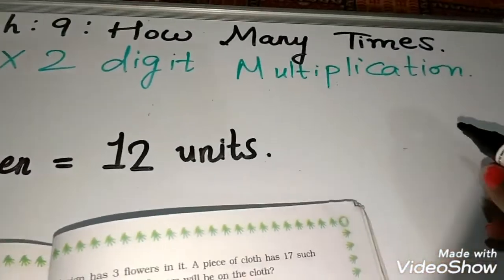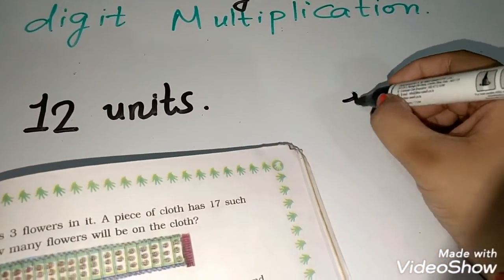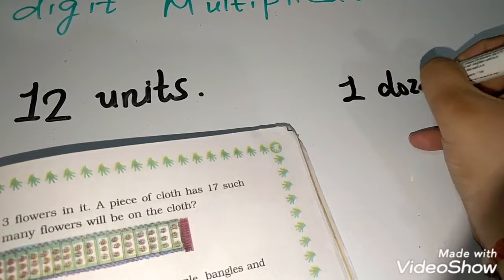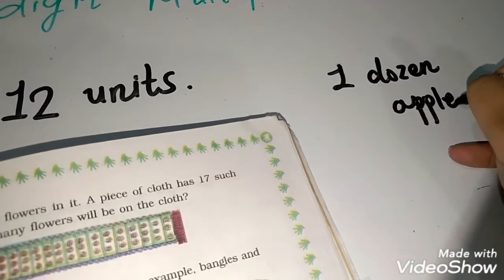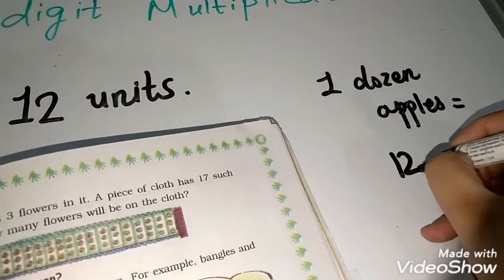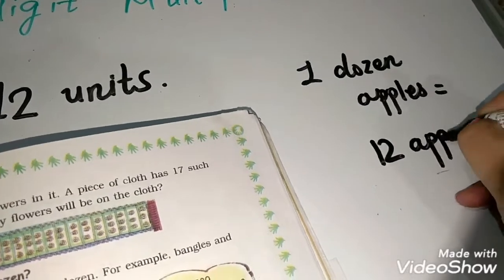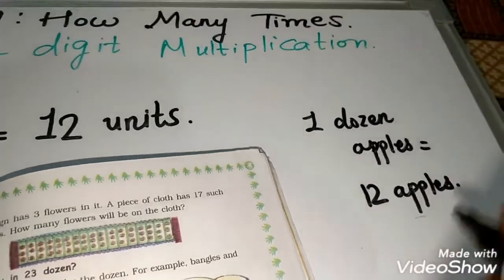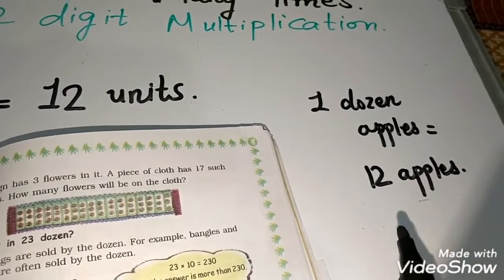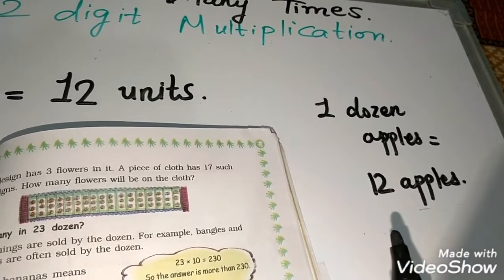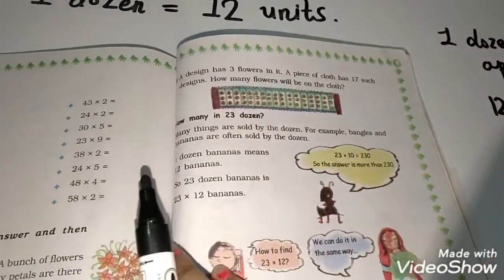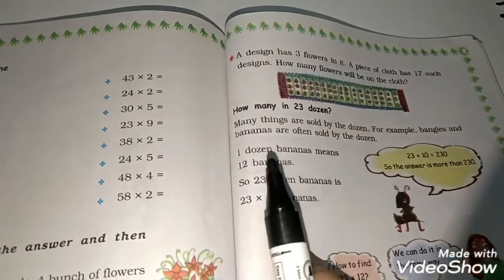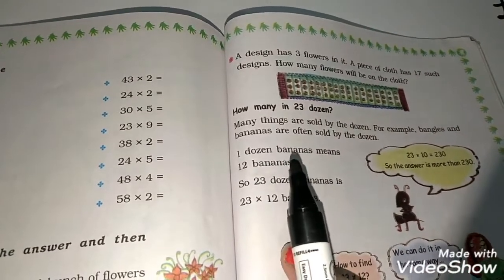If I say 1 dozen apples, that means 12 apples. 1 dozen is equal to 12 units. That you need to remember. And this is the fact that you need to remember. 1 dozen bananas means 12 bananas.